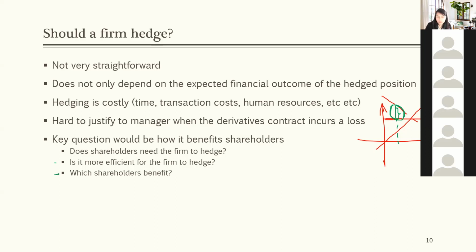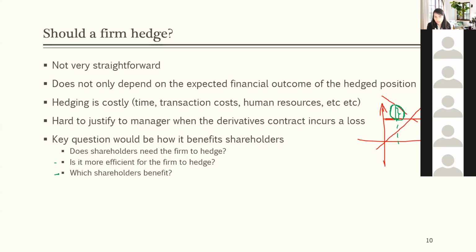Some other things to think about, which shareholders benefit. So, for example, if I am a domestic shareholder, the cash flows I want in the end is in the Australian dollars, right? But let's say there's another shareholder in the US and the final outcome that they want is in the USD, okay? So in this case, if I choose to hedge in the AUD, then that shareholder will be worse off, okay?